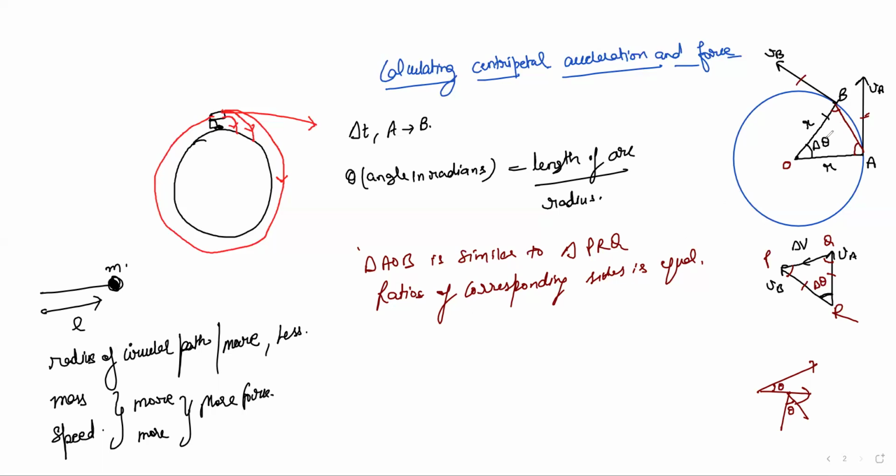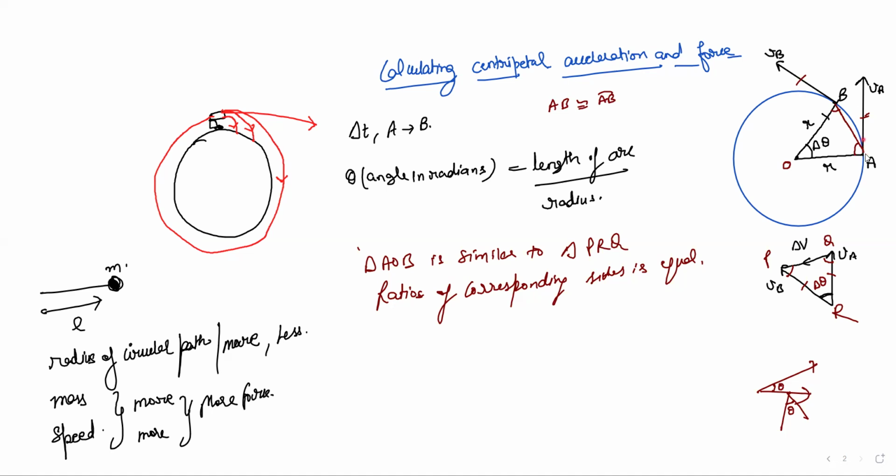Now, theta is equal. If I consider this arc length AB and this straight side AB, can we consider them nearly the same? Side AB is nearly equal to the arc AB, because the arc is very small. The curve will also have some length.